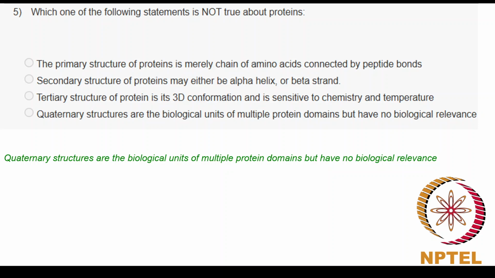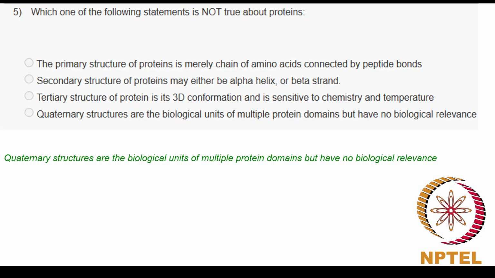When different such planes are present in a Z frame, what do we call it? A 3D conformation. Okay, so that is tertiary structure. And what is written? The quaternary structures are the biological units of multiple protein domains, meaning multiple tertiary structures, but have no biological relevance. So that is wrong. Obviously, they have biological relevance.